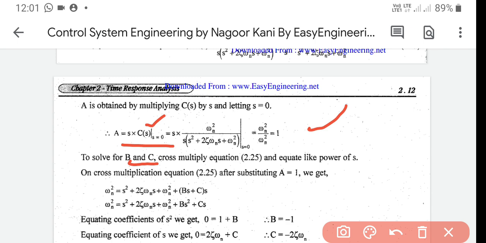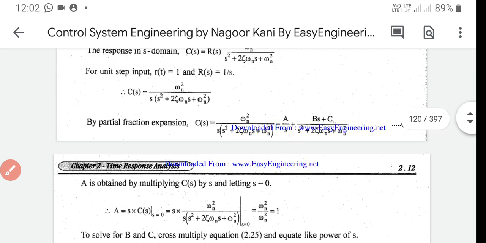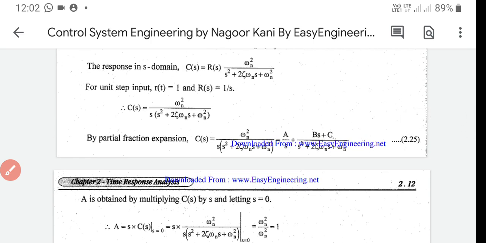So how are you solving the B and C values here? Equating like powers of S, S square and S. By doing the cross multiplication, see here, you are going to do the cross multiplication.